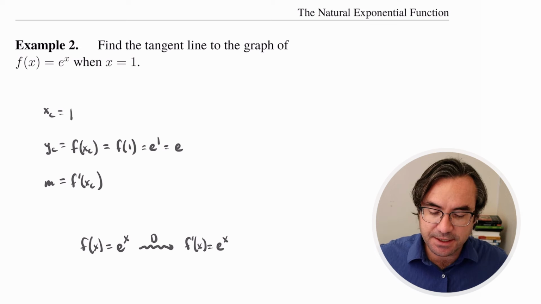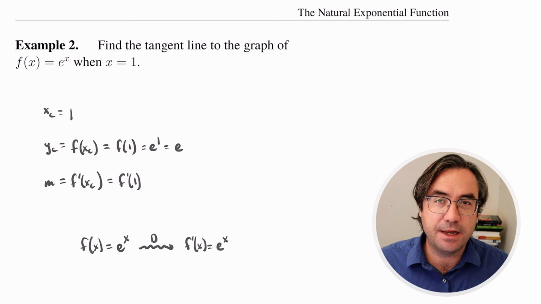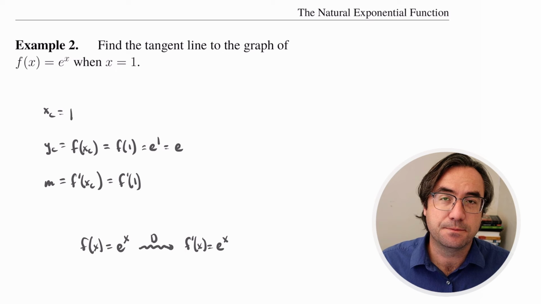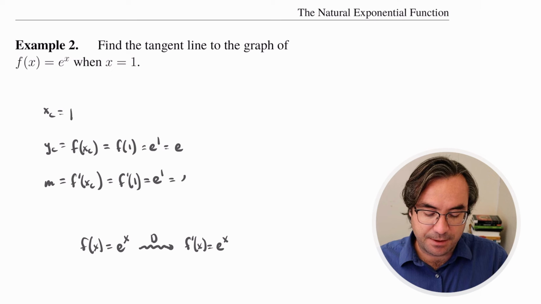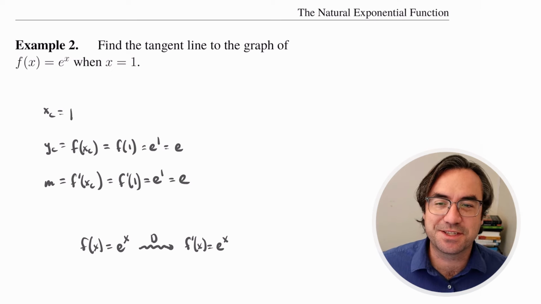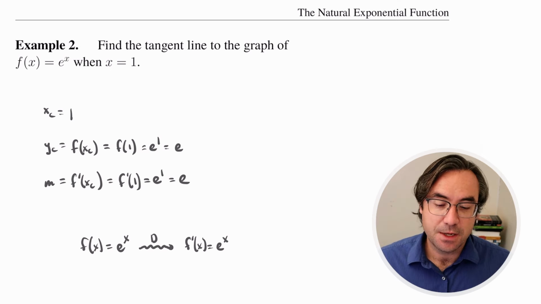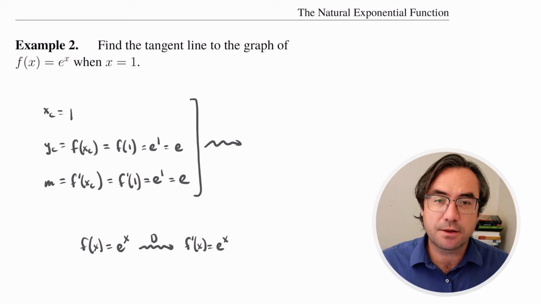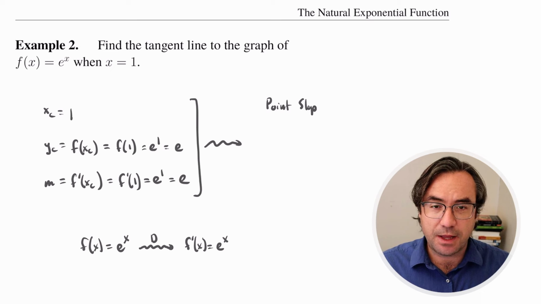All right, so then to get the slope of our tangent line, we're going to plug 1, our x-coordinate, into the derivative. So we're going to plug x equals 1 into our derivative here. And we end up with the same thing because those two functions are the same for this one. So the slope of our tangent line is e. Once we have these three ingredients, the next step is we plug these into our point slope formula. And this is going to give us the equation of our line.